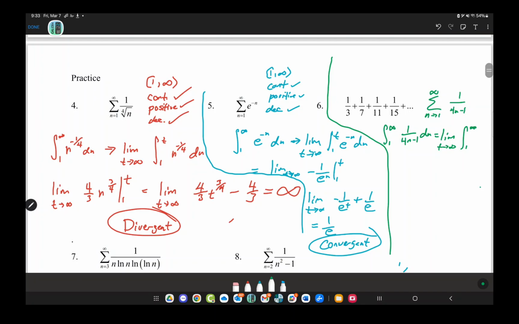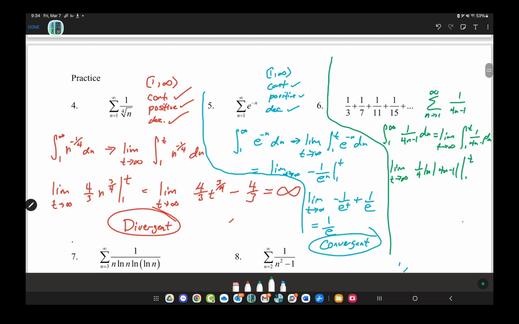So what is that integral? As t goes to infinity, 1/4 log of 4n minus 1 from 1 to t.